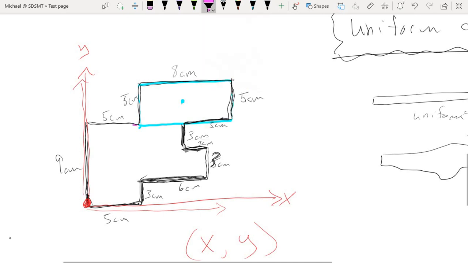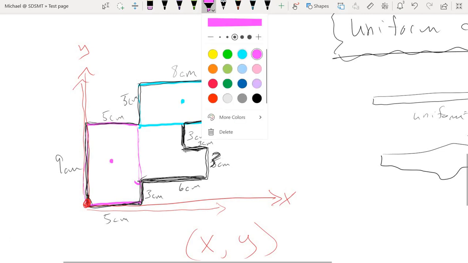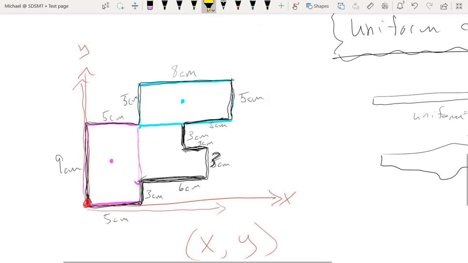Likewise, over here is a symmetric segment, and it would be very easy for me to find the center of mass for that segment. And then we've got this other area here. Now, how you segment the region doesn't really matter. You can cut this up into as many pieces as you want, but I will warn you, the fewer pieces that you make, the less math you have to do.